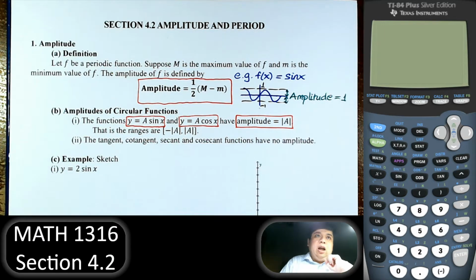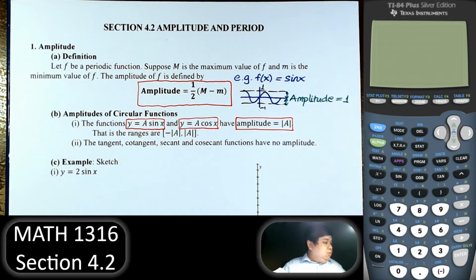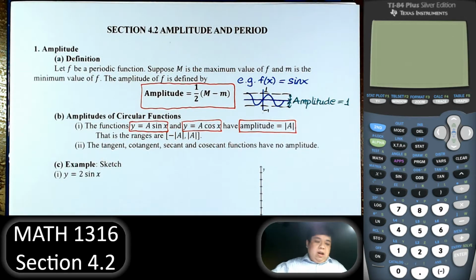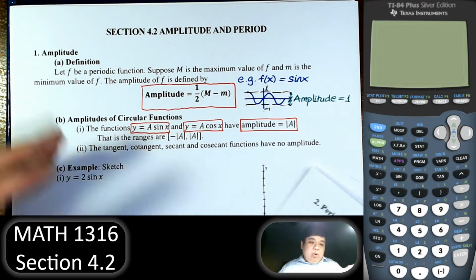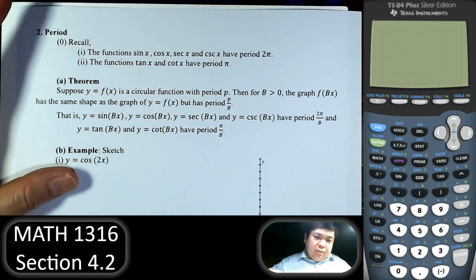After that, in this section, we're just going to graph a lot of functions. But keep that for now. Now let's go to the second part, and we'll do a lot of examples all together. The period.